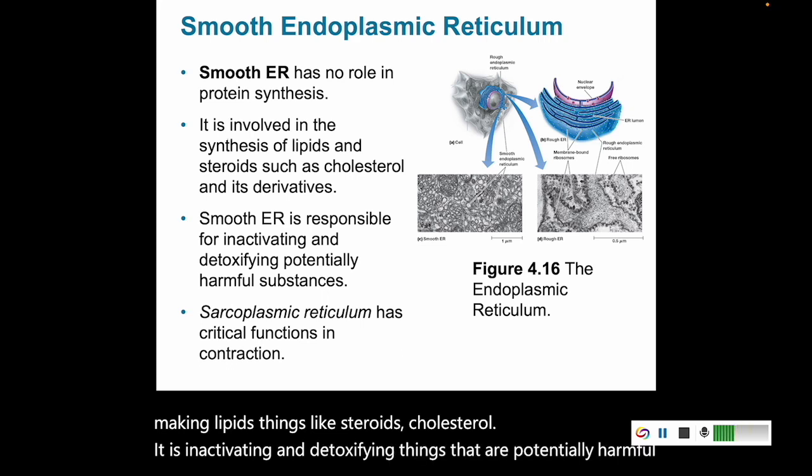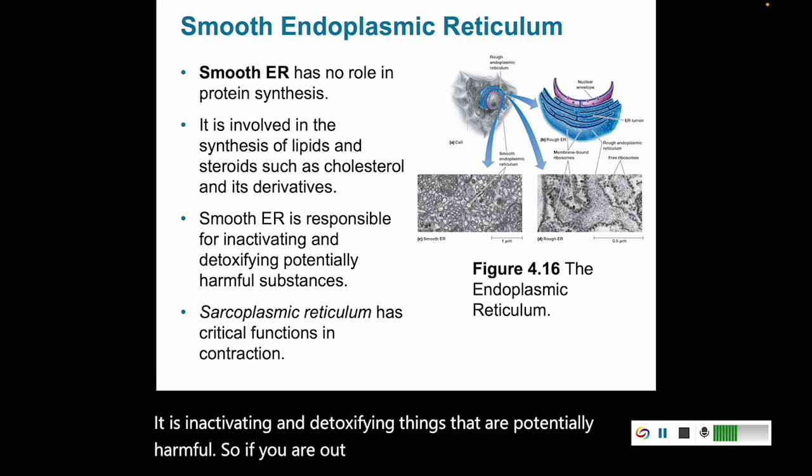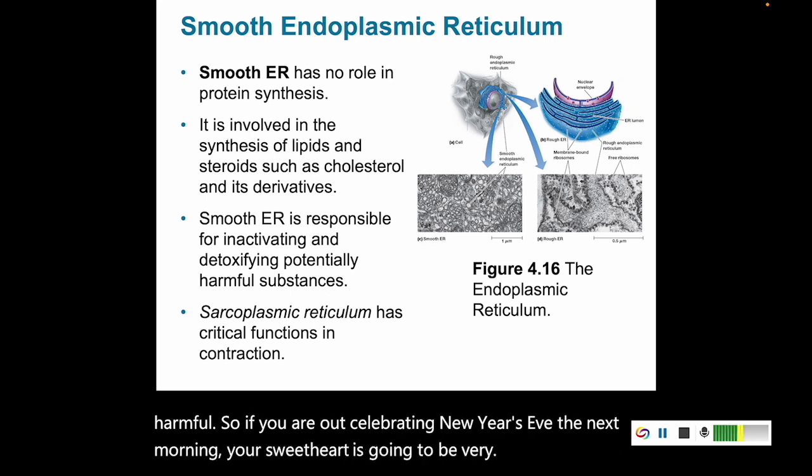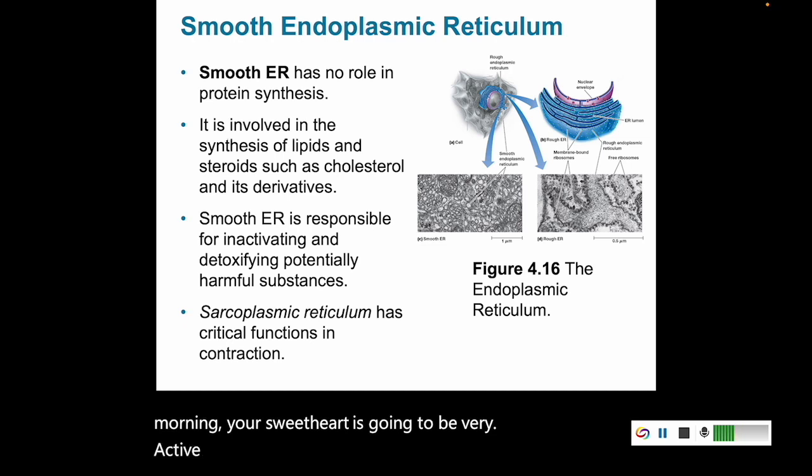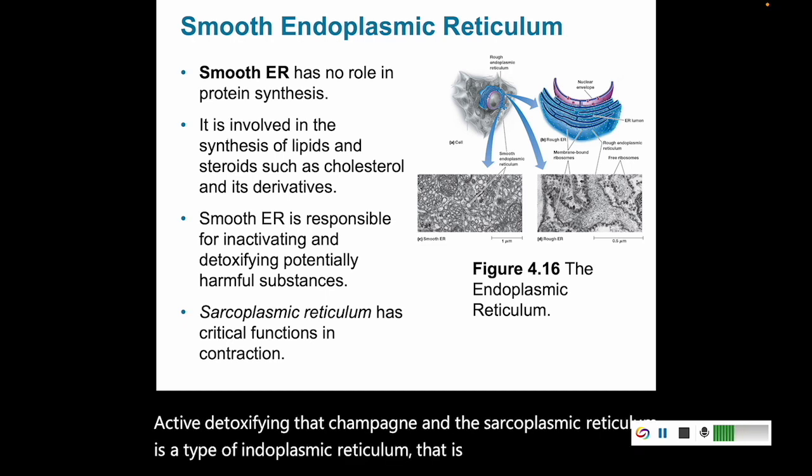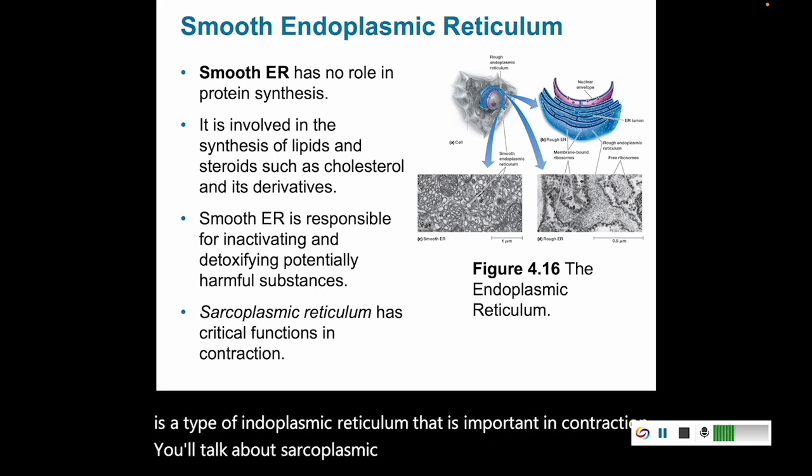So, if you are out celebrating New Year's Eve, the next morning your smooth ER is going to be very active, detoxifying that champagne. And the sarcoplasmic reticulum is a type of endoplasmic reticulum that is important in contraction. You'll talk about the sarcoplasmic reticulum in muscle cells.